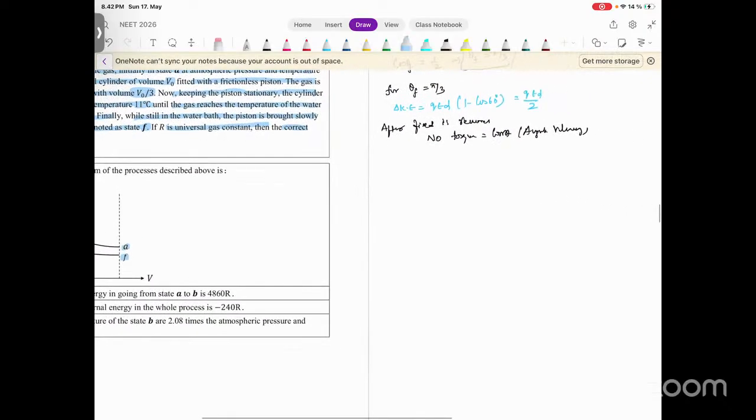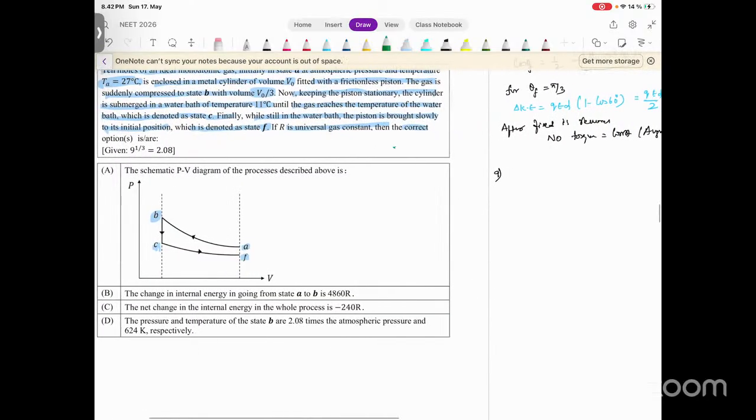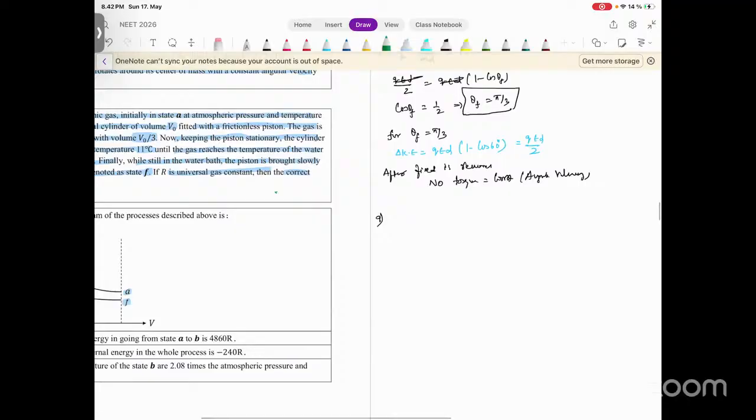So see question number 9 now. What is the given temperature? 27 degrees Celsius. In Kelvin, the temperature of A will be 27 plus 273, which is 300 Kelvin.